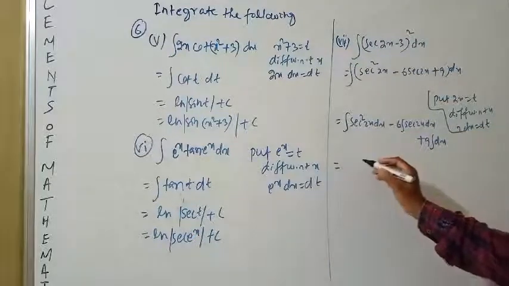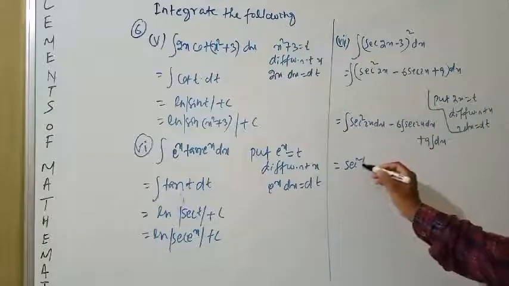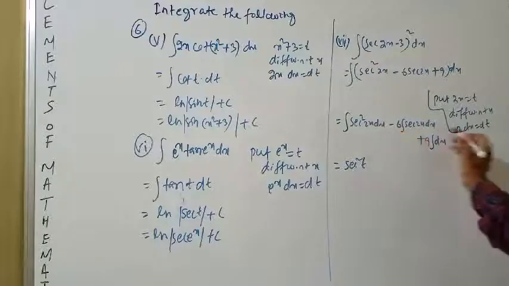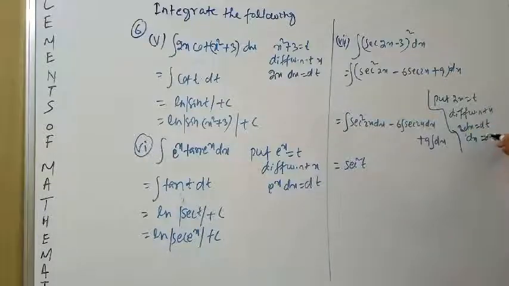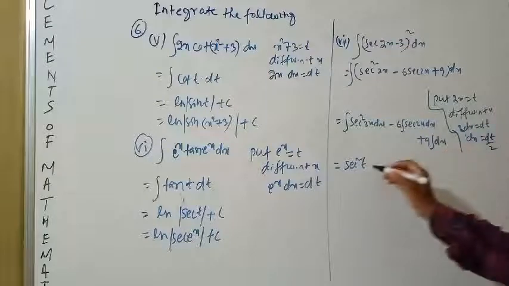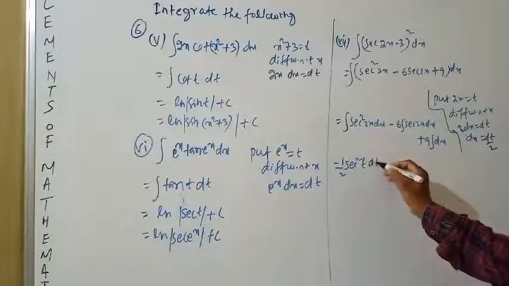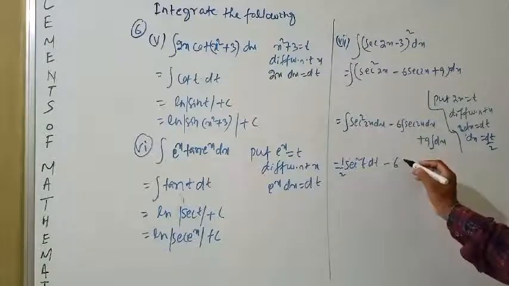For sec^2 2x we have taken t, so 2 dx = dt, dx = dt/2, that is 1/2 dt.